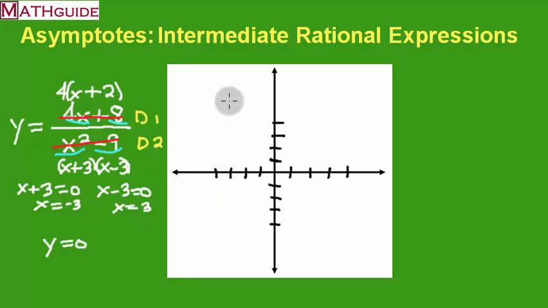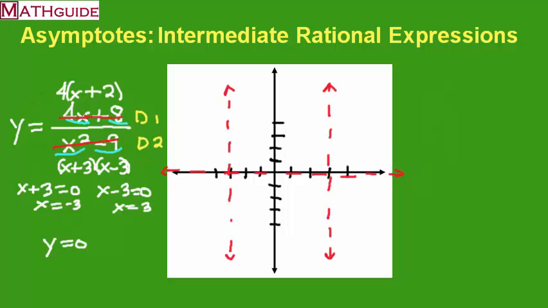So right over here, I draw an asymptote going through negative 3 on the x-axis. Alright, and then through 3. Alright, and then of course y equals 0. That is the x-axis. Right on the x-axis. Okay, so put little arrows there. So there we go. We got my asymptotes.